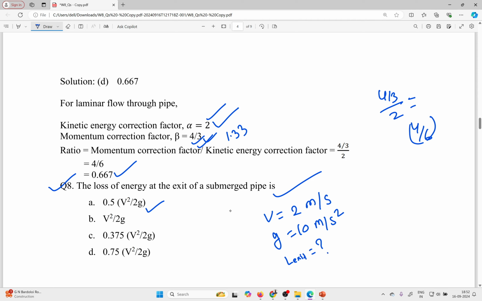So you try to solve this question also. First you need to give your answer.